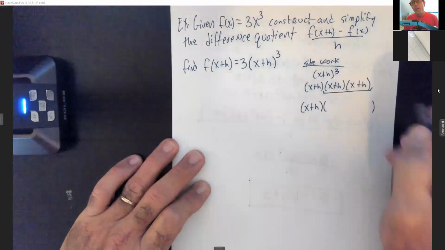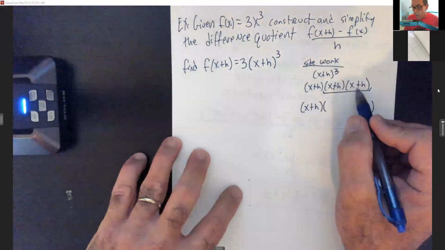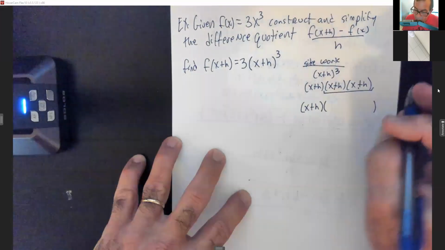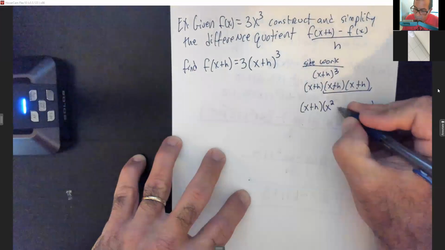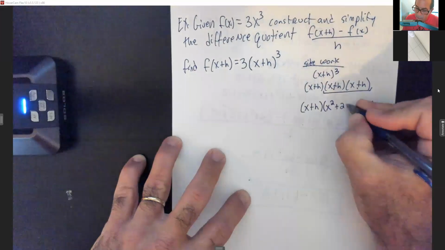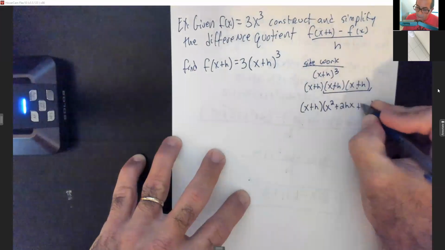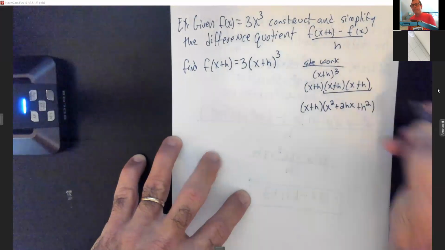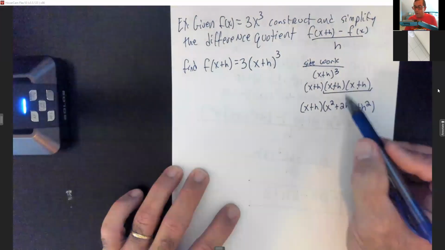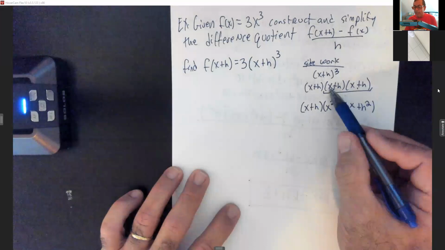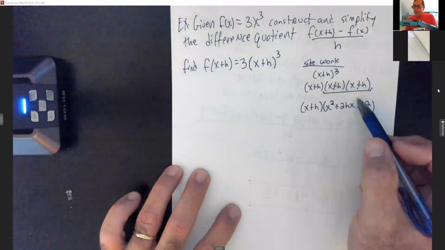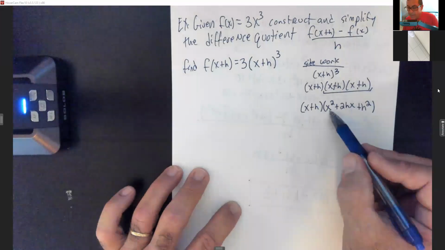We have FOILed this; this is the third time we FOILed it, so we should get x squared plus 2hx plus h squared. Now if you wanted to, you could FOIL that and do x times x and so on, add like terms, and you'll still get this.